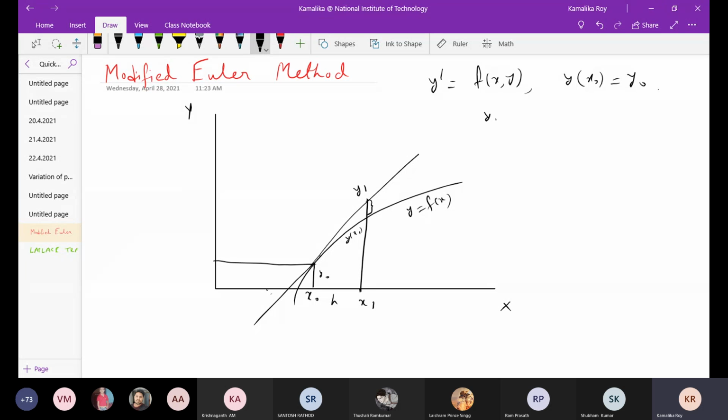So what is y1? y1 is y0 plus h f(x0, y0). Right, this is the Euler method. We did all this in the last class. Now I will explain how this can be improved to improve the accuracy of our results.